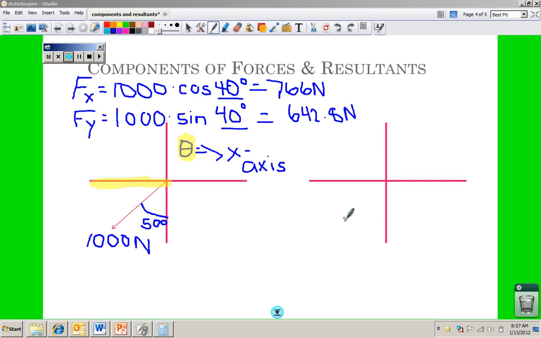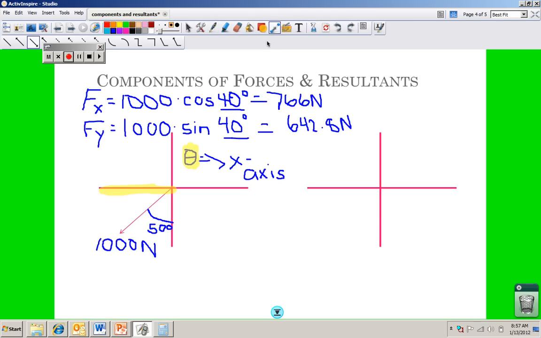Alright, now that you have broken a force down into its x and y components, let's talk about turning components into a resultant. Alright, so if I have two forces that look like this, and then I have a second force here.